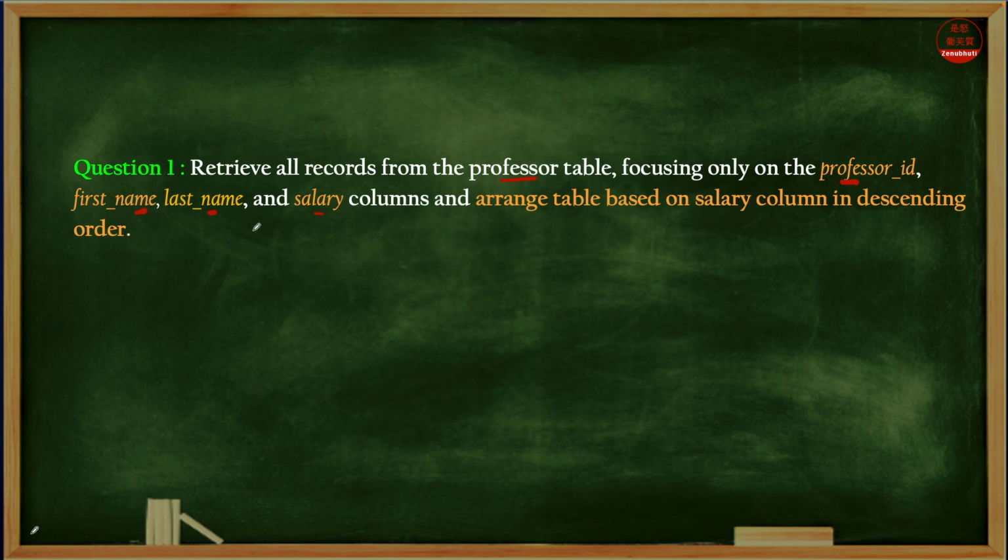Here we need only 4 columns from the professor table, and we need to arrange the table based on the salary column in descending order. Okay, let's try to write the SQL query.